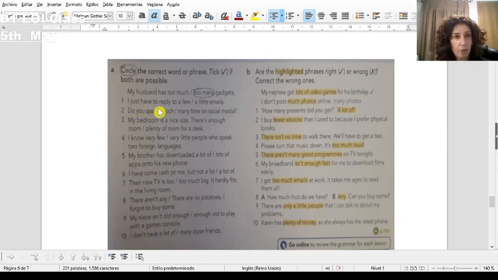I just have to reply to a few, pocos, a little, pocos emails. Vale. Emails es contable, entonces, muy bien. A few emails. Do you understand what to do? Then which one is the correct one? Or tick if both possibilities are possible.